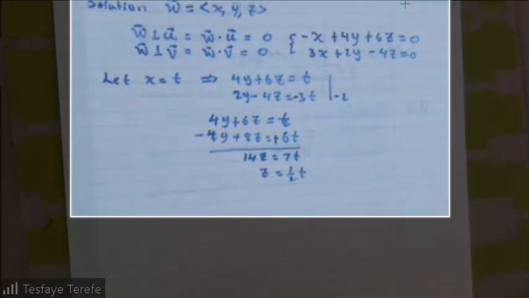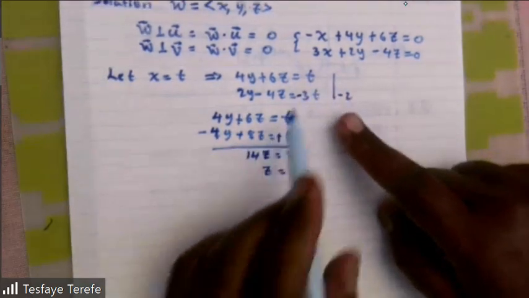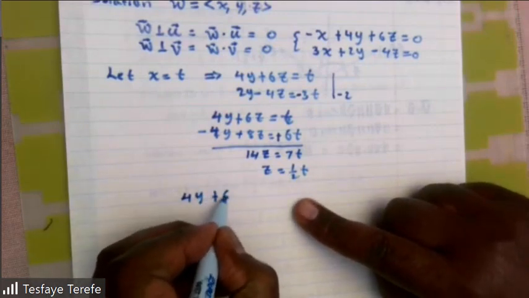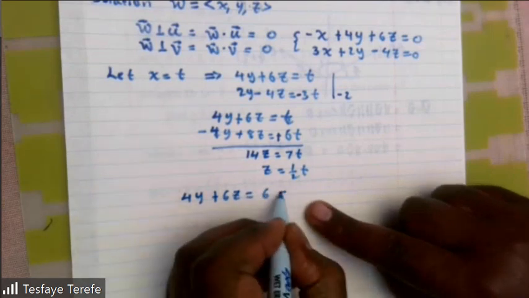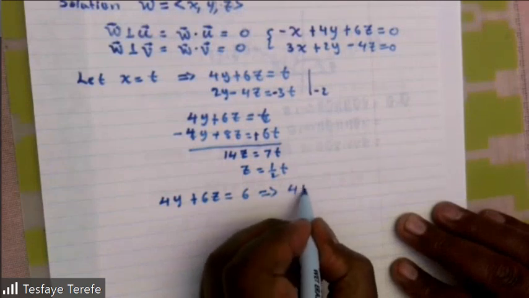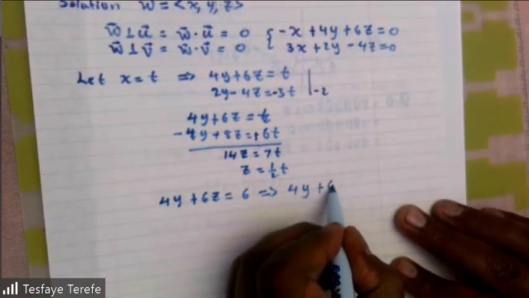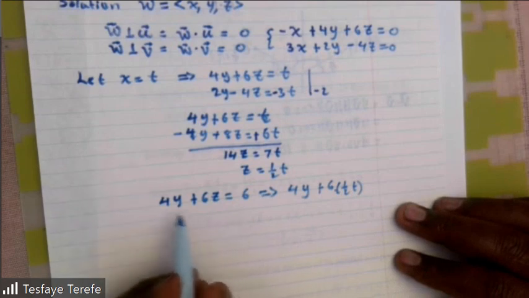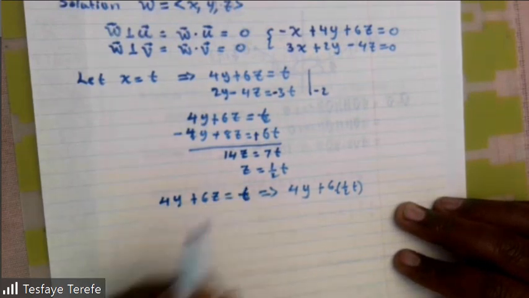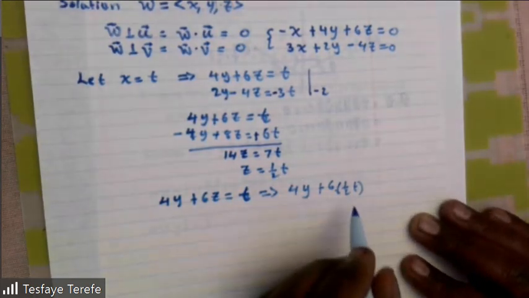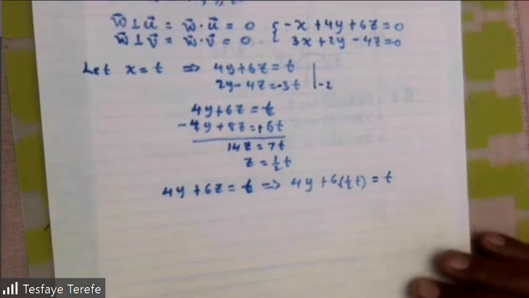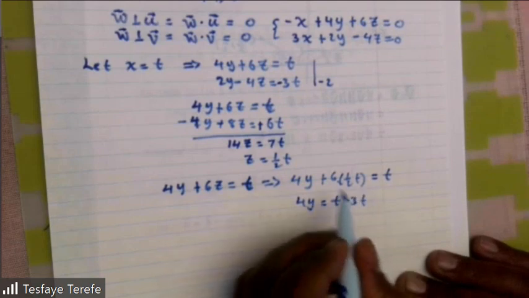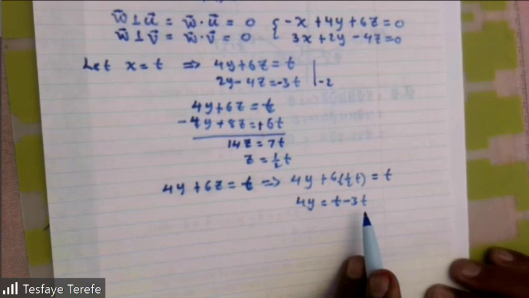All right. Then if Z is really calculated, I can use the equation 4Y plus 6 times Z equals T, and this will lead me to 4Y plus 6 times 1/2 T equals T. So 4Y equals T minus 3T, because 6 times 1/2 T is 3T.